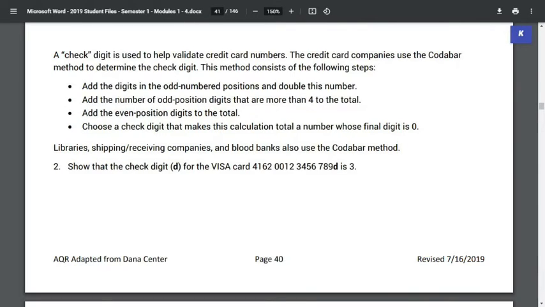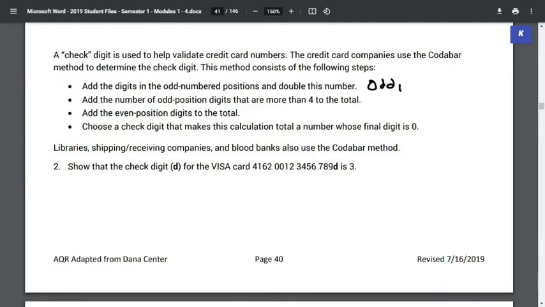Alright, if we read through, it says our check digit helps validate our credit card numbers. They use the Luhn method, which is used to determine our check digit. Here's what the method is. We add the digits from the odd positions and double this number. This is a little different compared to our UPC numbers, where we multiply by 3. Instead, with our odd numbers, we're going to multiply those by 2.